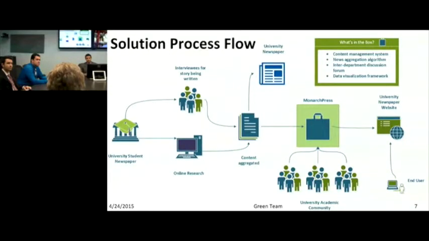But when it's time to get that content to the website, we need our product, which is going to have a content management system so that you can have a page layout engine to dynamically create any web pages you might need for a story, a news aggregation algorithm, an interdepartment discussion forum, and a data visualization framework.